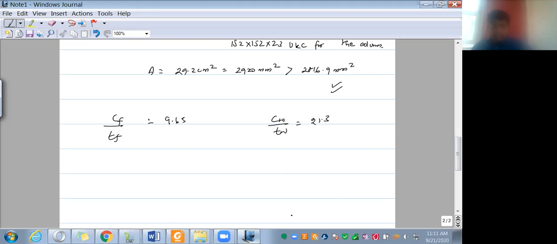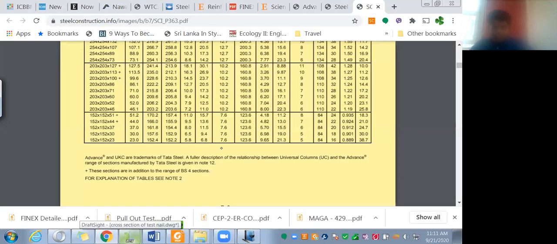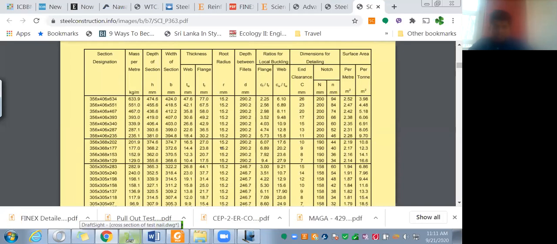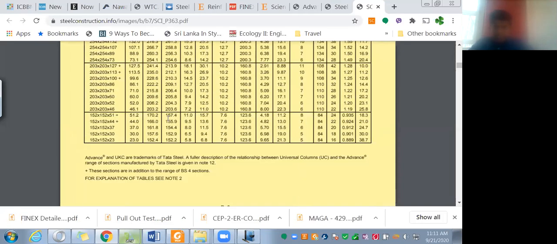And what is the thickness of the flange and the web. Thickness of the web and flange is given here as 5.8 and 6.8 millimeter, which is less than 16, which means you can consider Fy of 355.